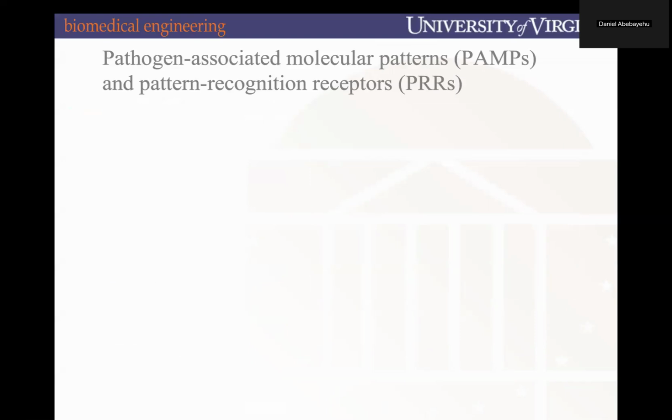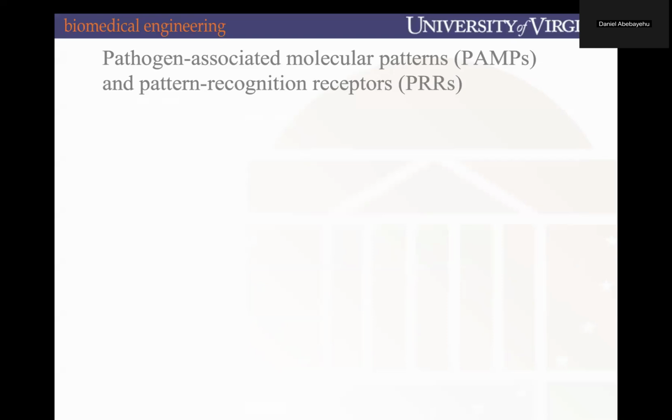As we've talked about already a little bit, there are molecular features present on a lot of pathogens, and we have receptors that recognize these different molecular features. When these features are associated with a specific pathogen, they're called pathogen-associated molecular patterns, or PAMPs.